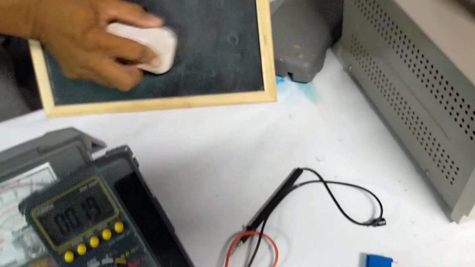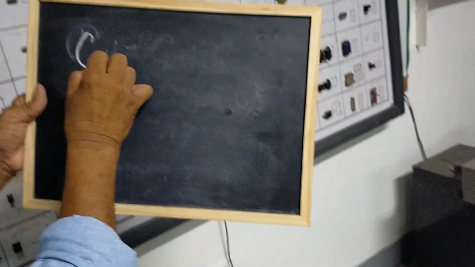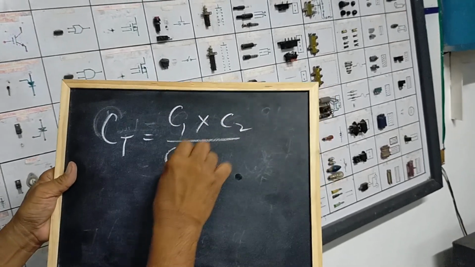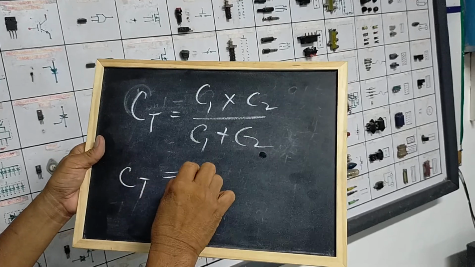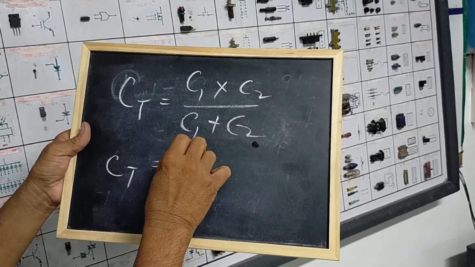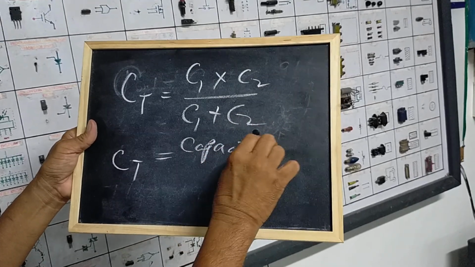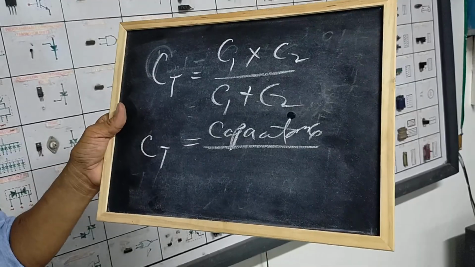The formula is different. Ct is equal to C1 times C2 over C1 plus C2. Or you may use Ct is equal to the capacitance over the number of capacitors.